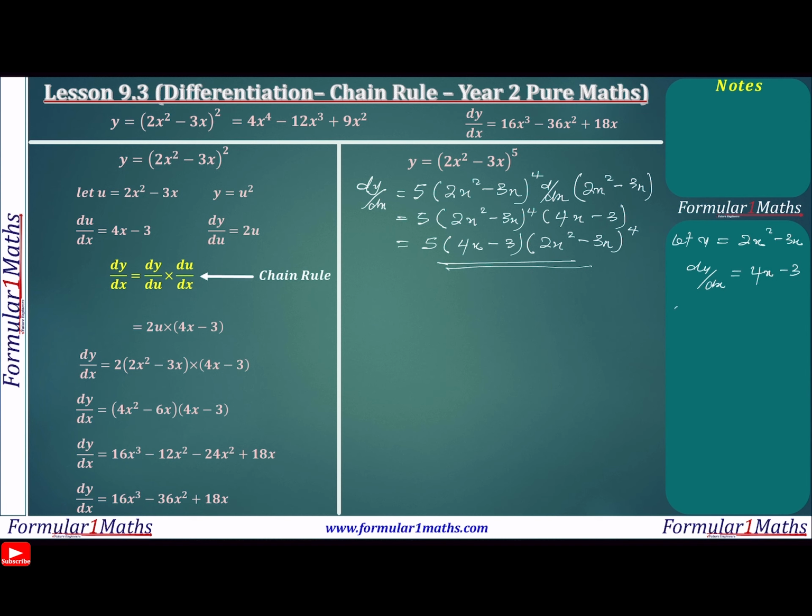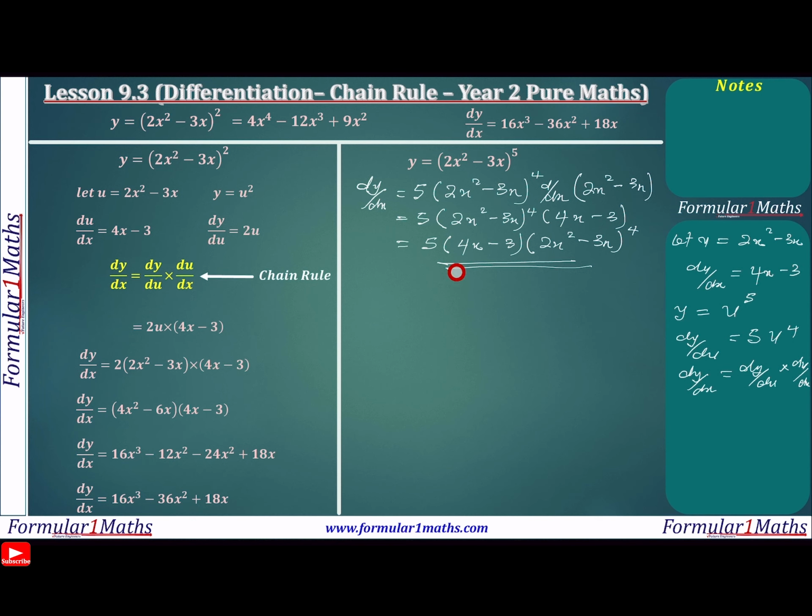But y we know will be y equals u, which is this, to the power 5. Then dy du will be equal to 5u to the power 4.